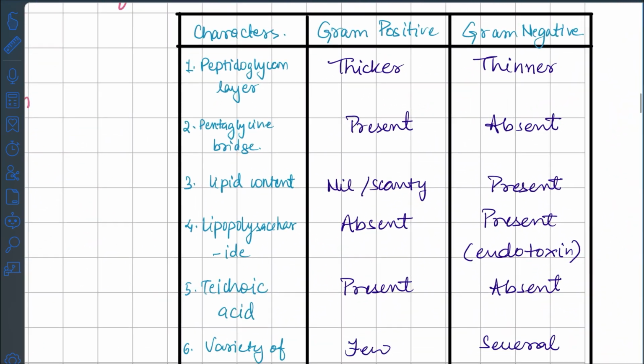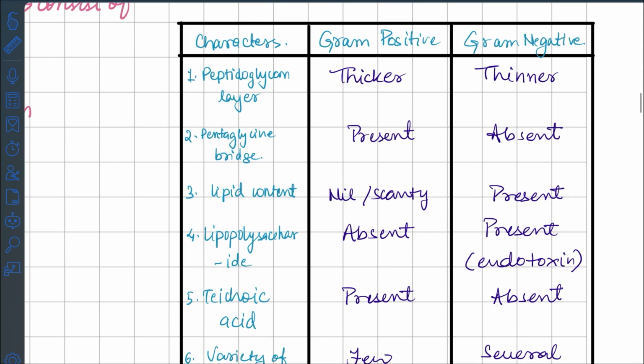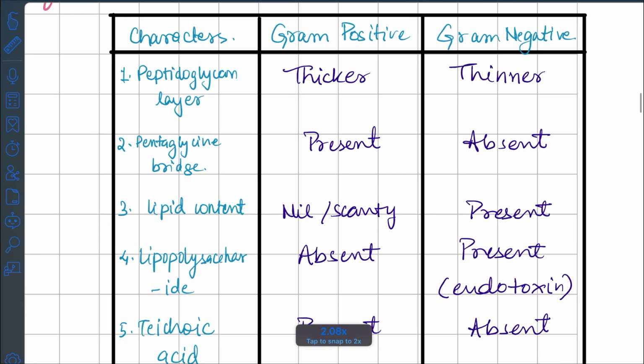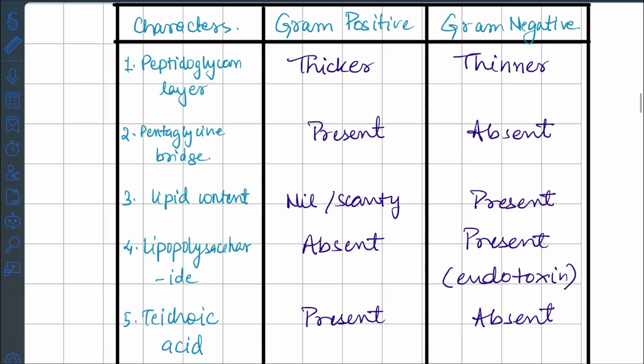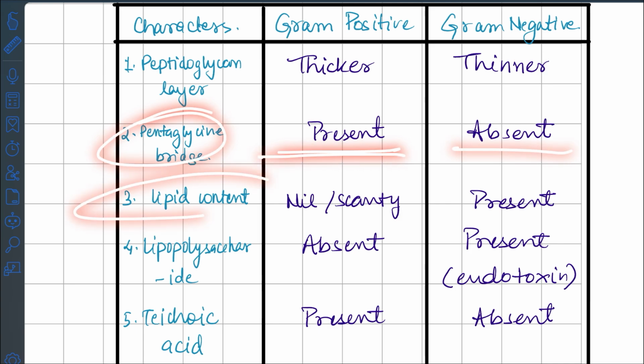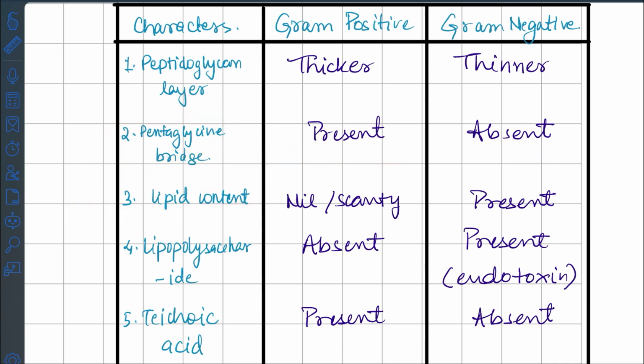Now I have summarized the difference between the cell wall of gram-positive and gram-negative bacteria in a table here. So here are the characters. The peptidoglycan layer is thicker in gram-positive, right? So it is thinner in gram-negative. The pentaglycine bridge is present in positive but absent in negative. The lipid content you'll find nil or scanty in the case of positive, but it is present in gram-negative.